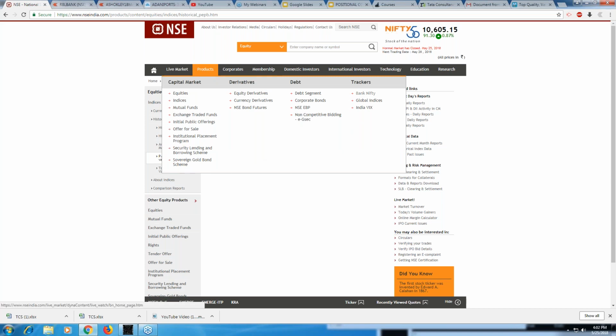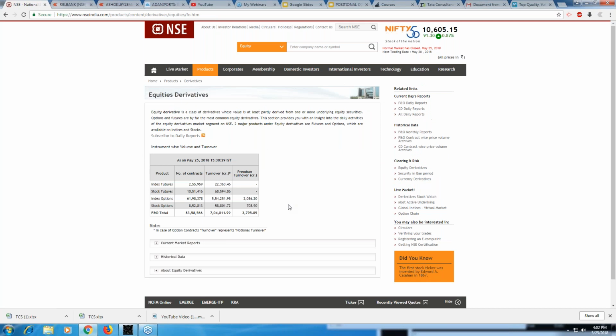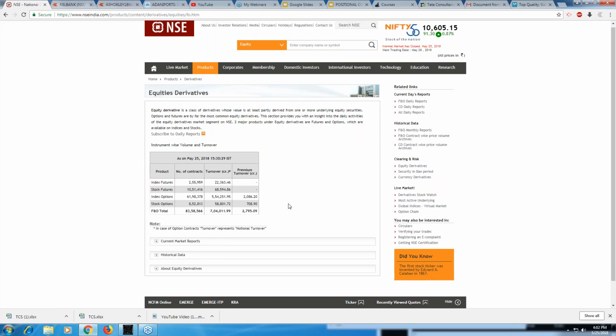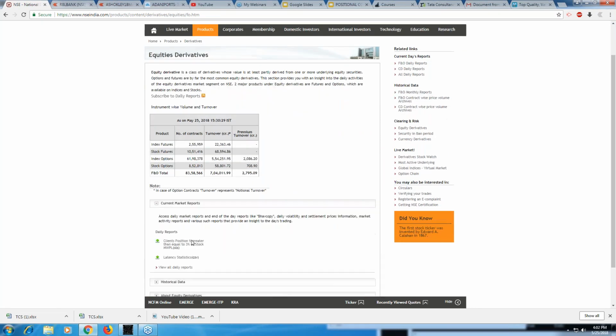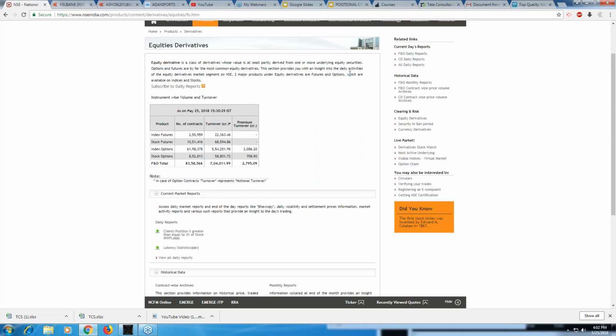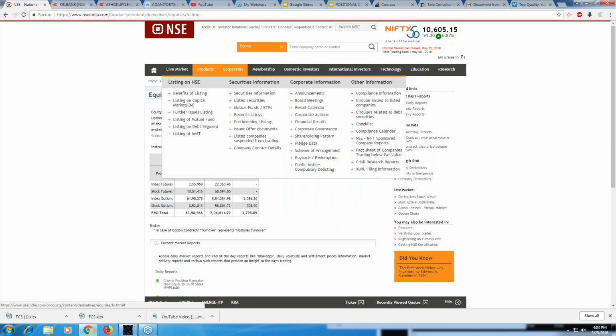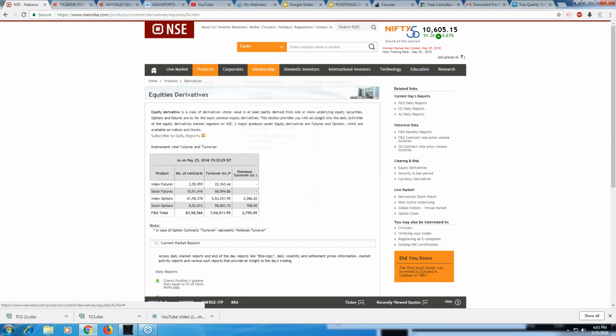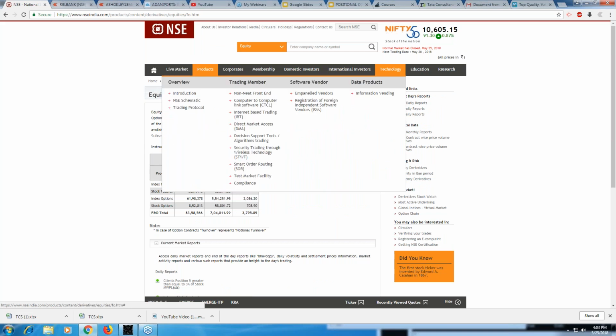Bank Nifty, trackers, India VIX, global indices, equity derivatives. You can go to the equity derivatives and check what's happening. Any data you want, any historical data you want, you can get from here. All right. So these are the places that I go to. Then corporate, membership, domestic investors, international investors, technology, education.